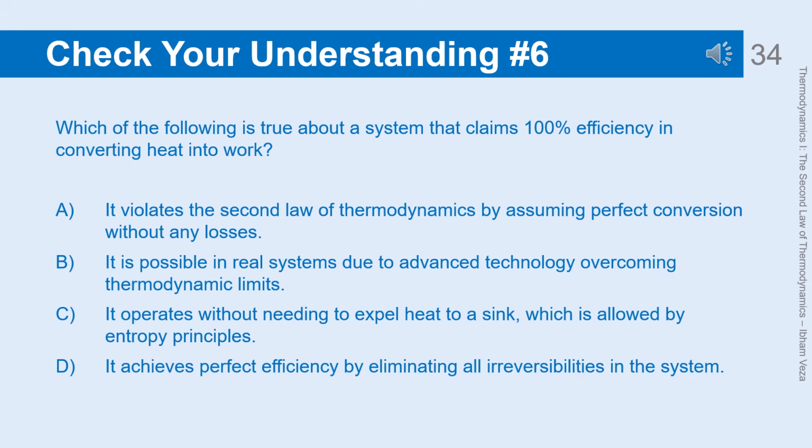This is incorrect because according to the second law of thermodynamics, some heat must be rejected to a sink to avoid violating entropy principles. D. It achieves perfect efficiency by eliminating all irreversibilities in the system. This is incorrect because it is impossible to eliminate all irreversibilities in a real system, and perfect efficiency cannot be achieved.